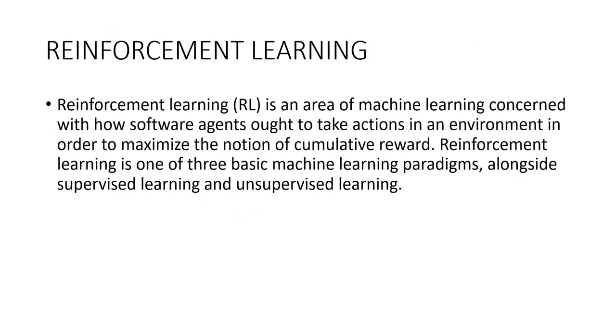Reinforcement learning is an area of machine learning concerned with how software agents ought to take actions in an environment in order to maximize the notion of cumulative reward. Here you have different terms. One is the agent; you can think of it as a robot agent.